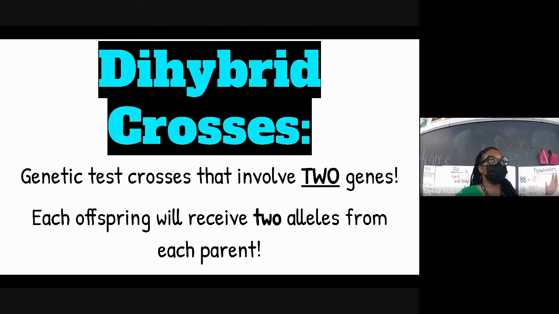We're going to do B's and C's. We'll do fur color and eye color, height and shape, texture, and size. 2 traits. All right? So in these types of crosses, parents aren't just going to give 1 letter. They're going to give 2 letters to each of their offspring, 2 alleles to each of their offspring.